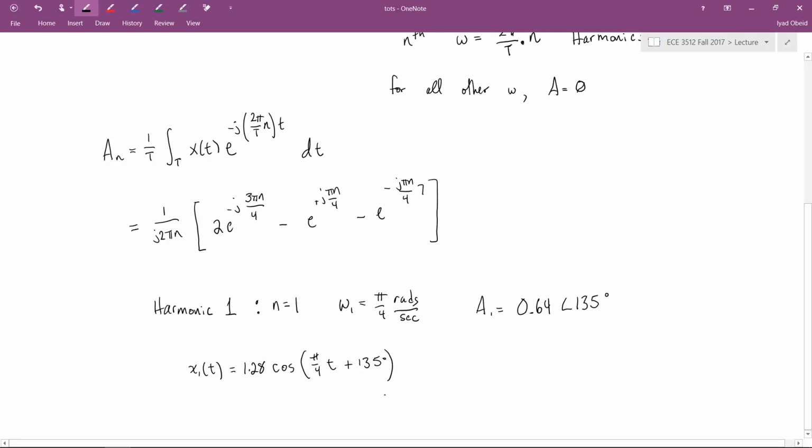Okay, just to remind you, let me clean up that pi. It doesn't look very elegant. There we go. So we have the frequency.